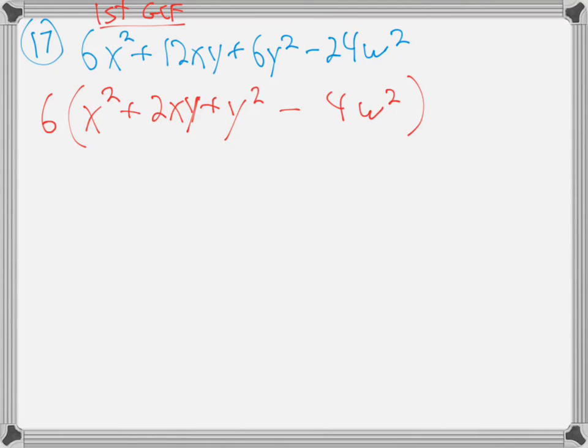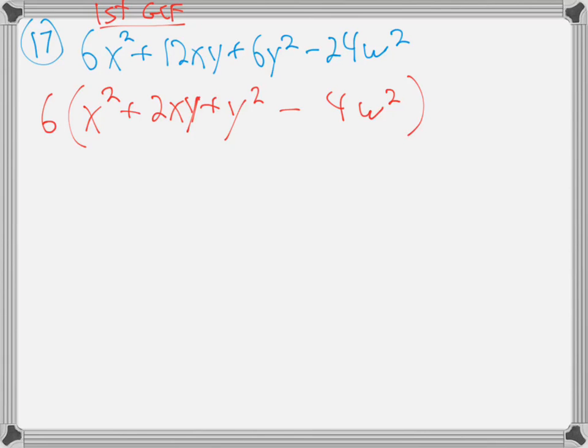Divided by what? We will, but first, that's why it's so important. First GCF, then that other stuff. Remember, GCF is always number 1. Then other things later. So now we're going to break it up.